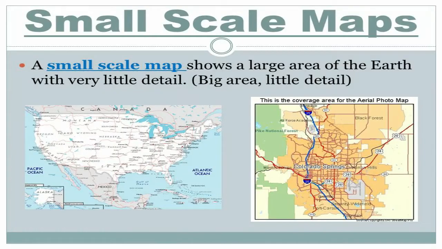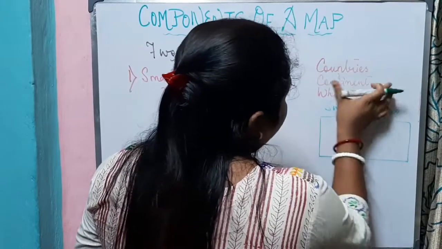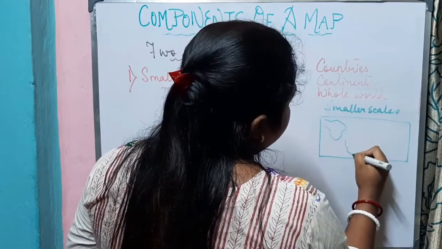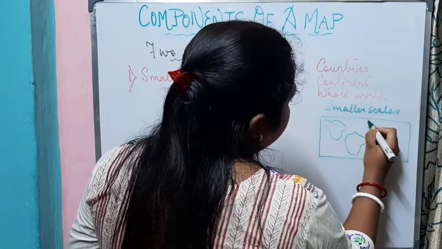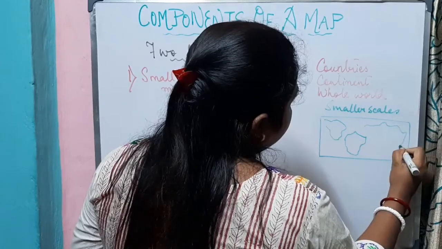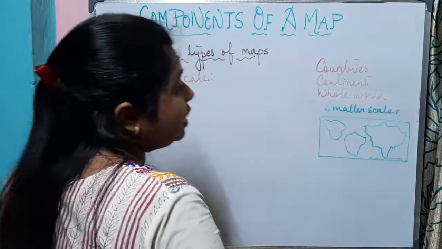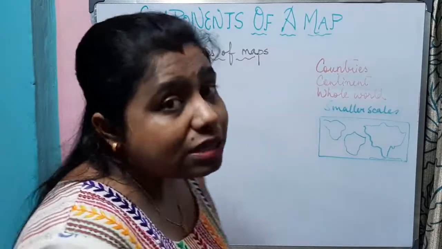So when we are drawing them on a small piece of paper, we need to accommodate all of them together. And at that time, we need to use smaller scales, and we call this map a small scale map.